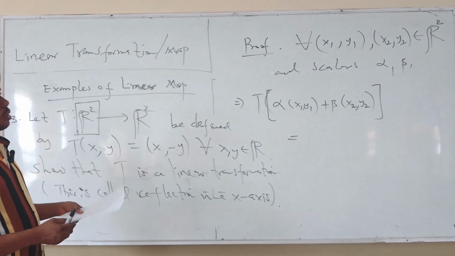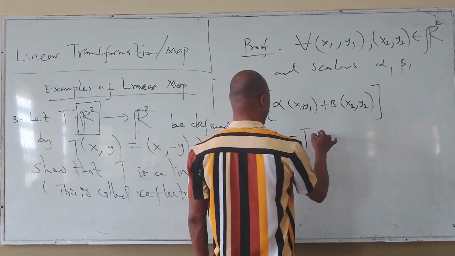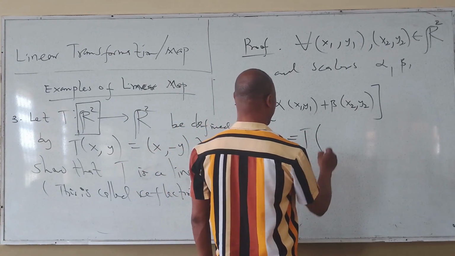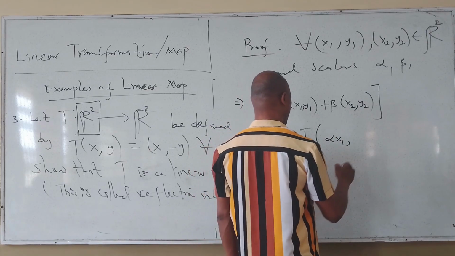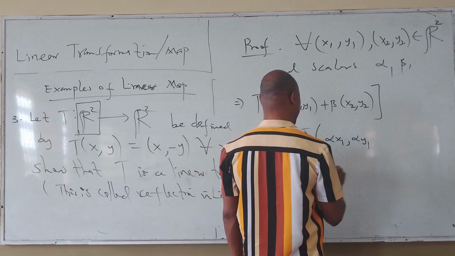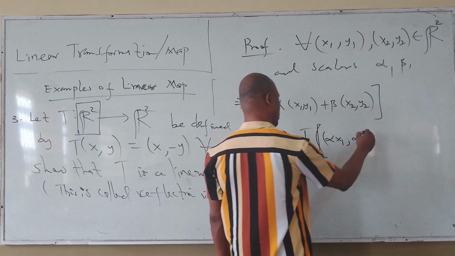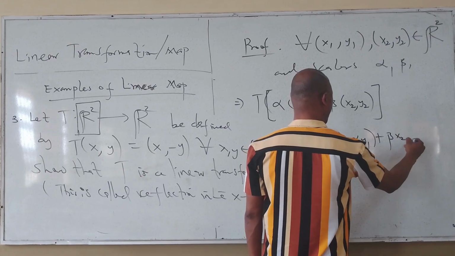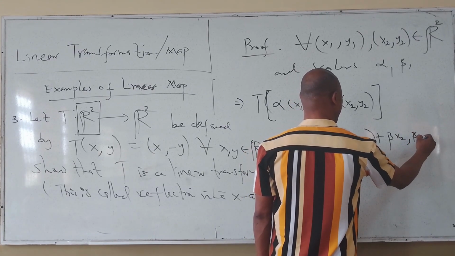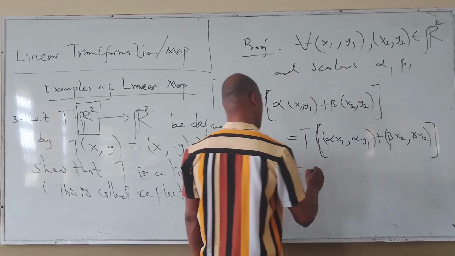Then good. So first of all, let's expand it. We agree this is T of alpha x1, comma alpha y1, plus beta x2, comma beta y2.